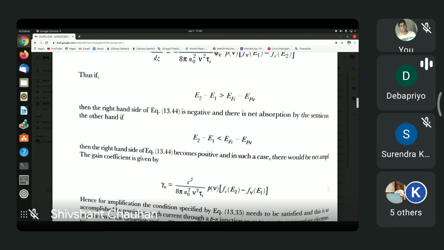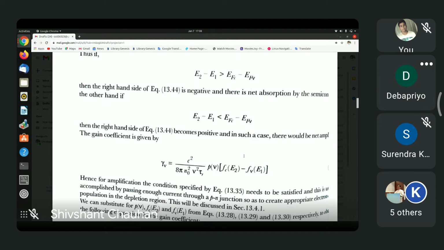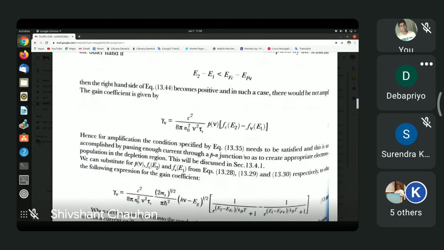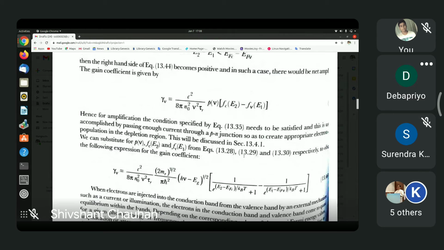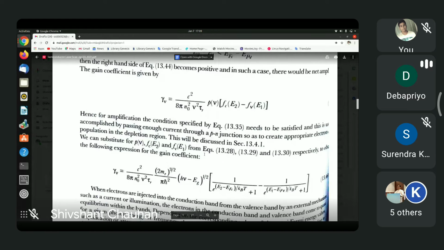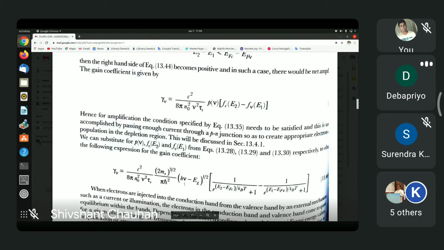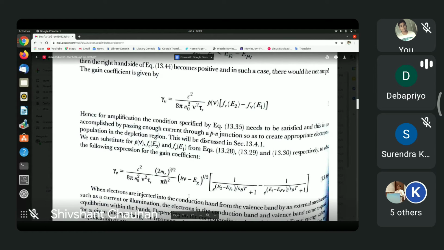So now if you move to the next page, here they have written this expression in full. You see the gain coefficient written in full, and that immediately tells you what P nu is. You can see that (2 m_r)^(3/2) by 2 pi h cut square, times (h nu minus Eg) to the power half.